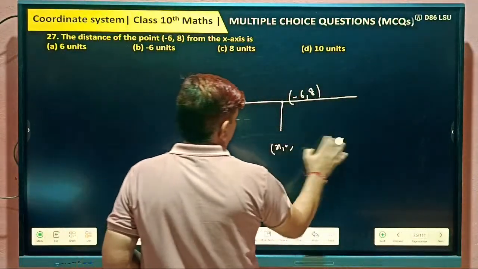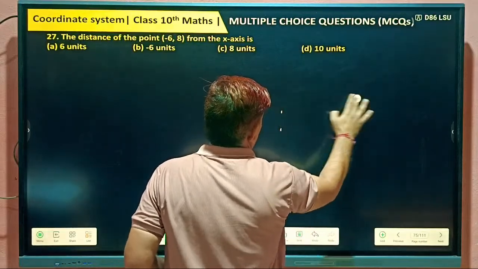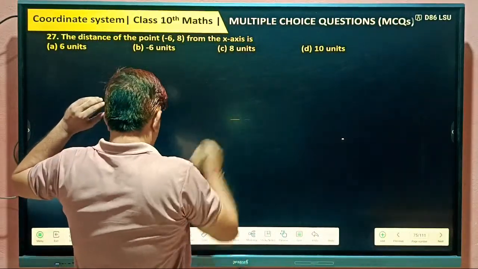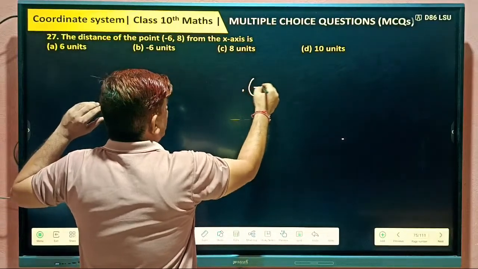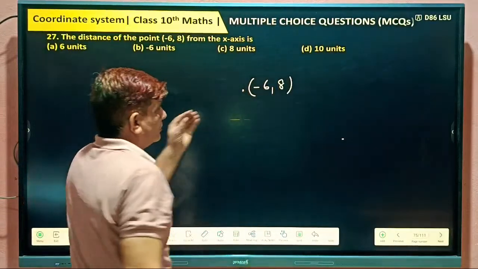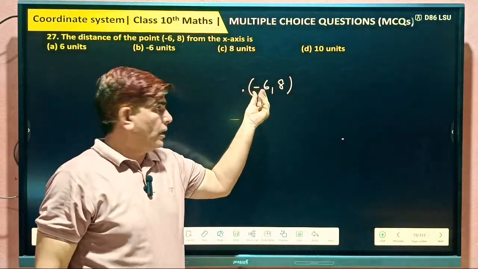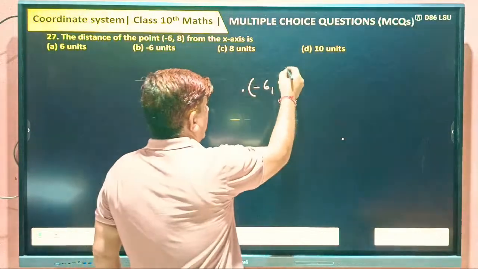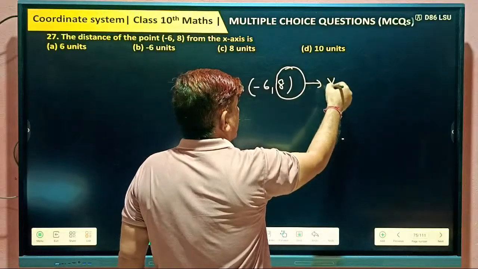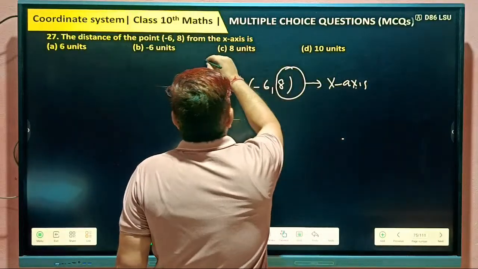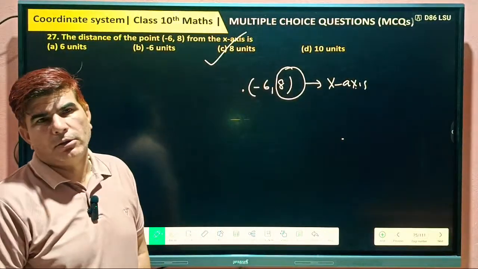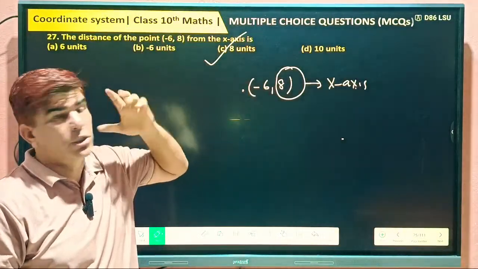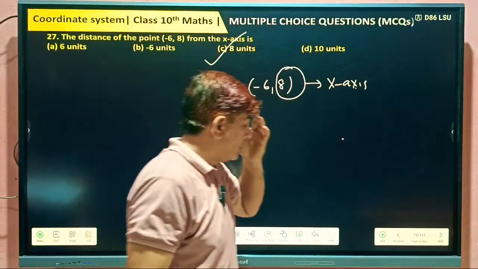Coordinates of this point are minus 6 and 8. The x coordinate means its distance from the y-axis, and the y coordinate means its distance from the x-axis. So how many units? Directly we can say 8 units. If here in place of x, y is written, then we can say 6 units, because length is always positive. Got it? Next.